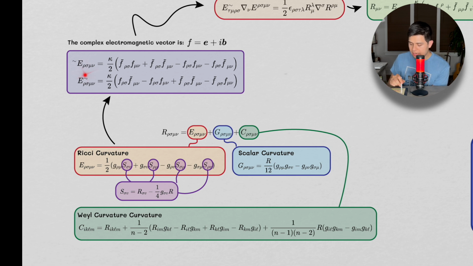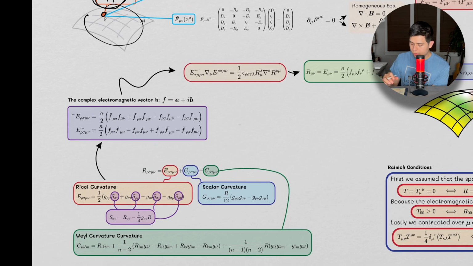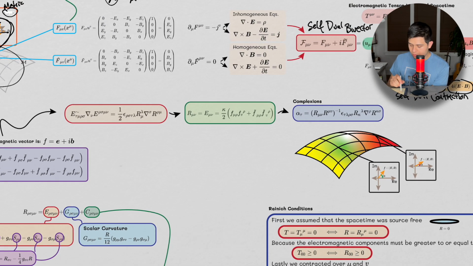And this E tensor here, we can identify as the Ricci curvature tensor. So this is going to give us some interesting insights, right, because identifying this E tensor here with this E tensor here is going to show us that we can go through a series of steps by understanding how the right dual of this E tensor can actually give us an interesting formula for the Ricci curvature tensor, right?